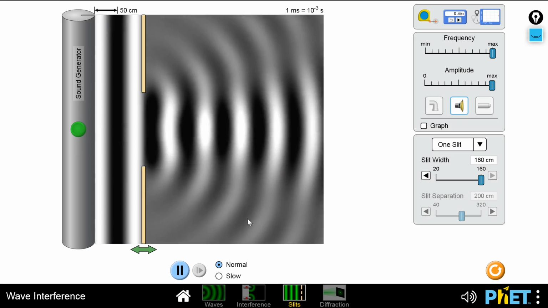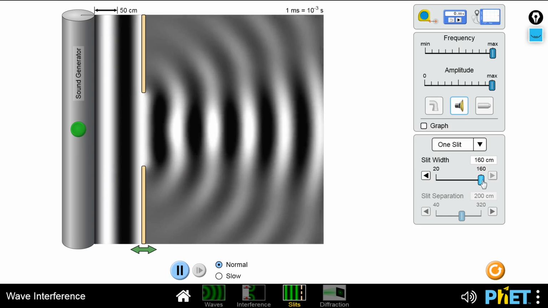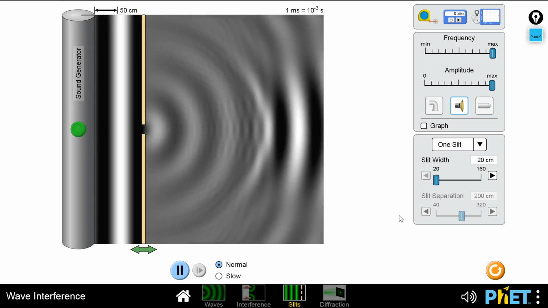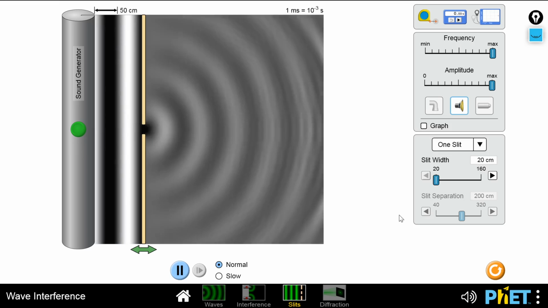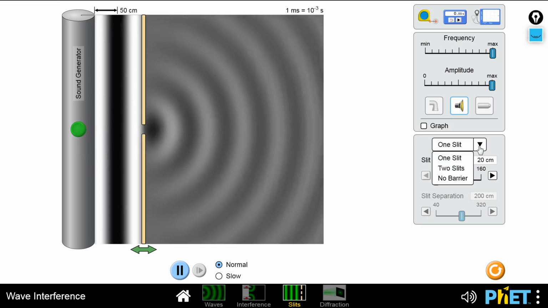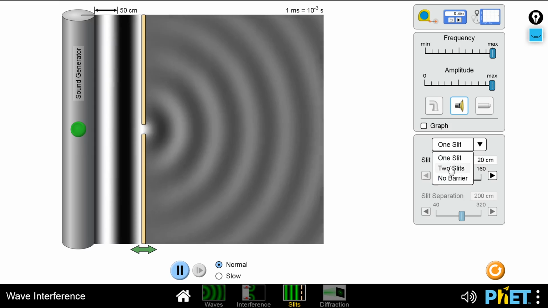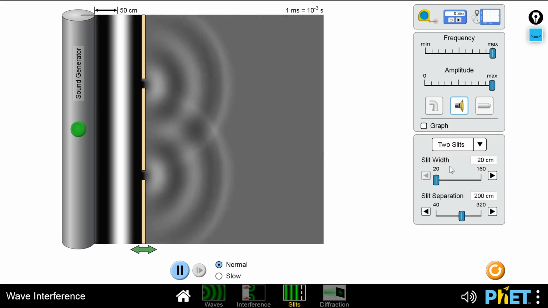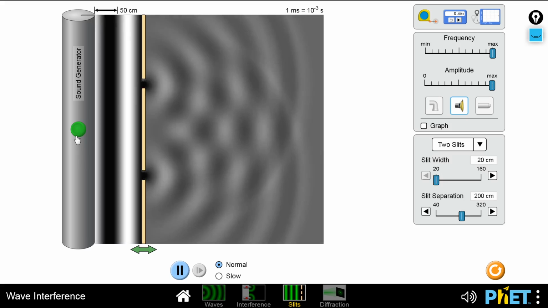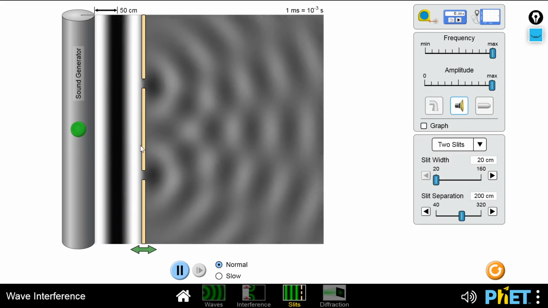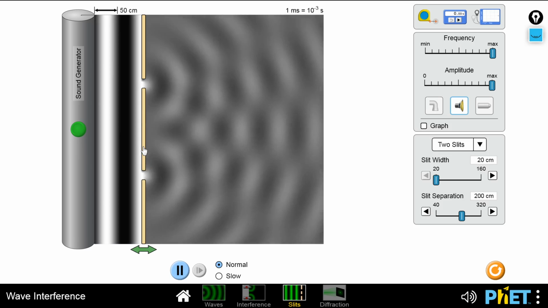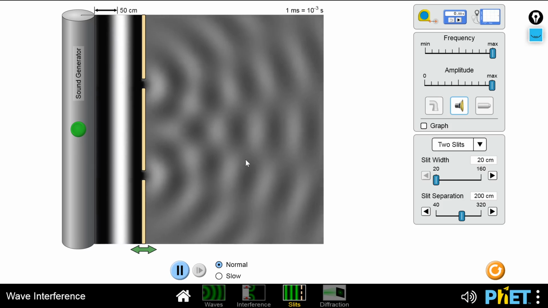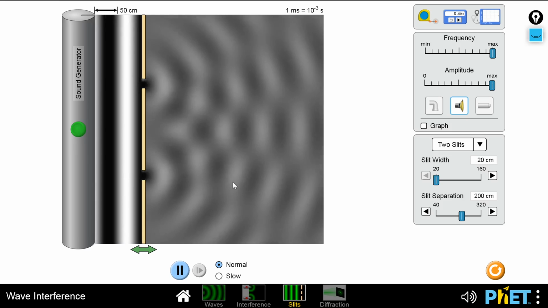Now this is all fine and dandy and easy. We got one width. What happens when we have multiple slits? Let's go to a two-slit situation. All right, so we've got one source of sound. We've got two slits now, and all of a sudden what we're seeing is the waveform that we see when we had two sources of sound.